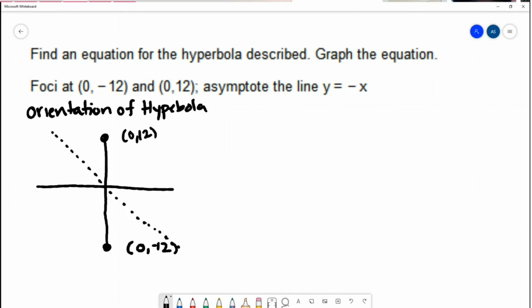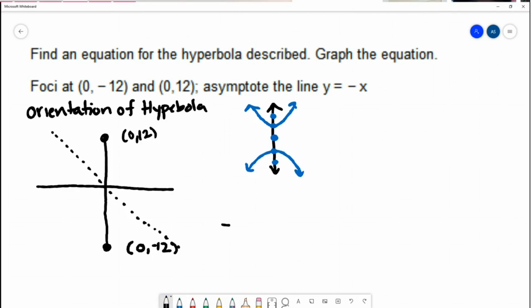Let me just remind you of why I know that to be true. When I have a vertical transverse axis, my center, vertices, and foci all lie on that vertical line, and the hyperbola uses the vertex as a point on the graph.